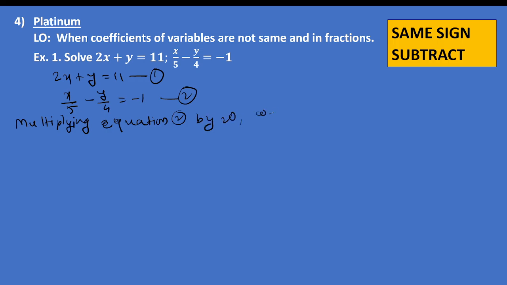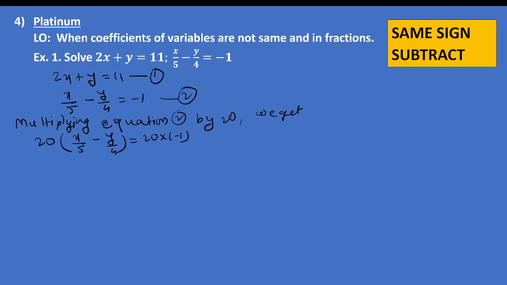So we get 20 into x divided by 5 minus y divided by 4 equals 20 into minus 1. So both sides I am multiplying by 20.